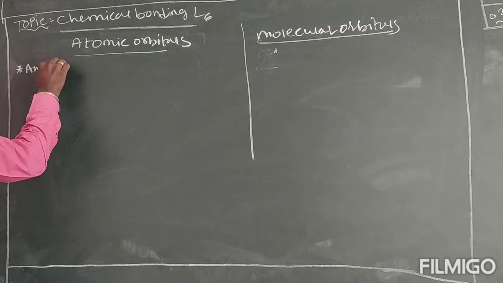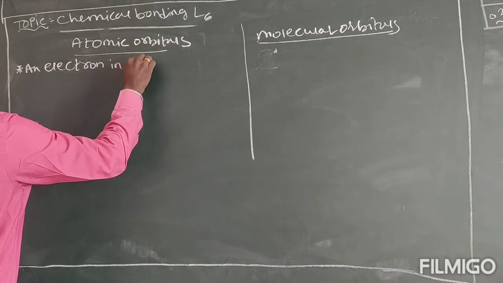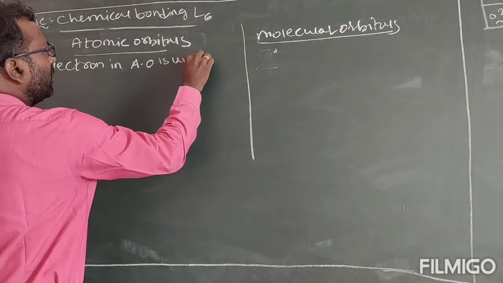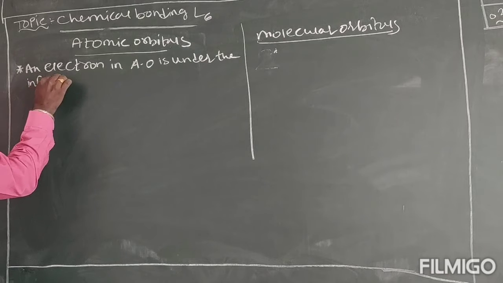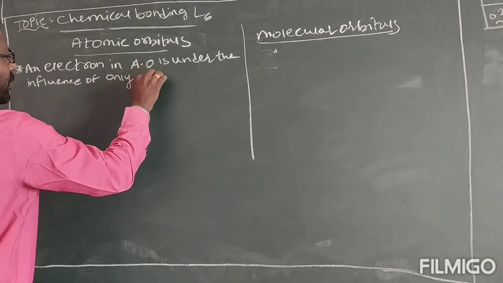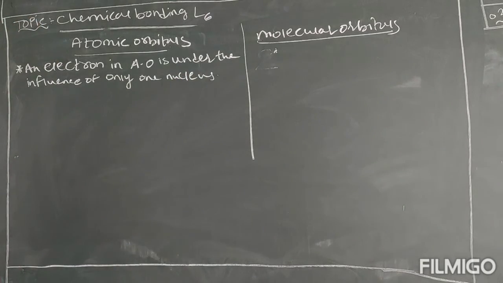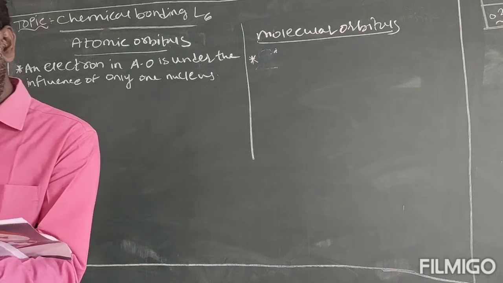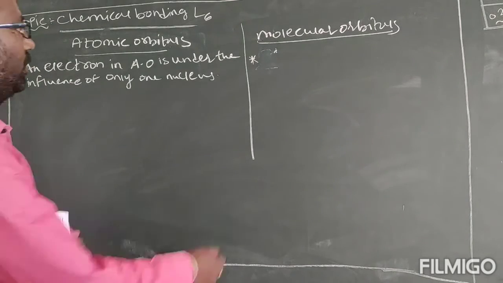So I am writing here: an electron in atomic orbitals, that is AO, is under the influence of only one nucleus. Whereas in molecular orbitals, it is under the influence of two or more atoms of the molecule.